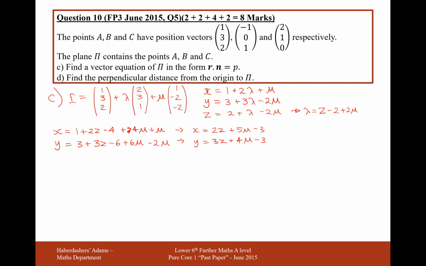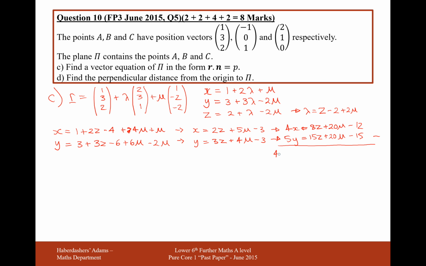Okay, so what I think I'll do here is quadruple the first equation and multiply by 5 the second equation, and then we'll do some subtraction. So we'll do 4x equals 8z plus 20 mu minus 12, and we're going to get 5y equals 15z plus 20 mu minus 15, and we'll subtract these equations from each other.